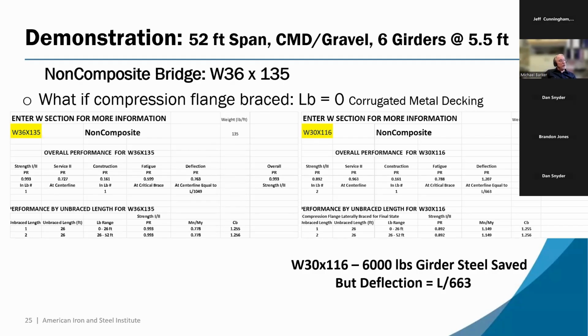And we see a W30 saving 6 inches and 116 saving whatever that is, 19 pounds per foot, or 6,000 pounds of steel saved. And I don't even have to add another diaphragm. Now, I do have the issue with the deflection. The deflection is L over 663. If that's okay, that's okay. If not, I'm going to go up to a little bit bigger section.